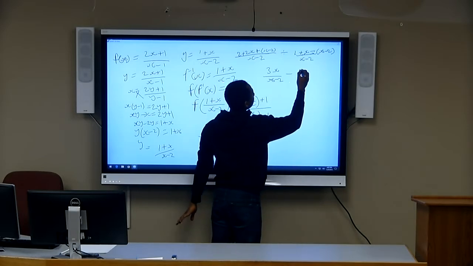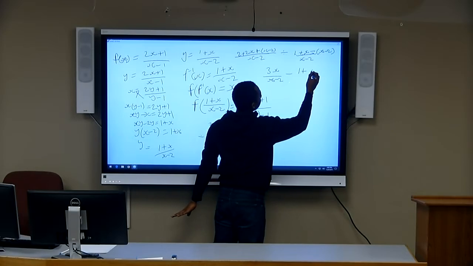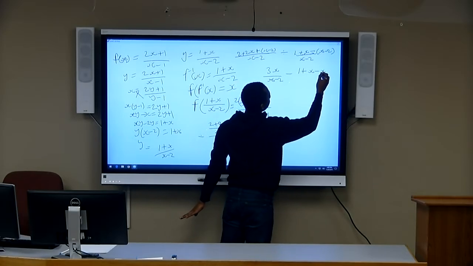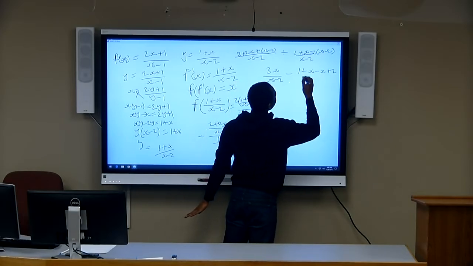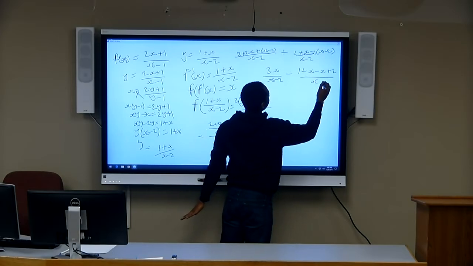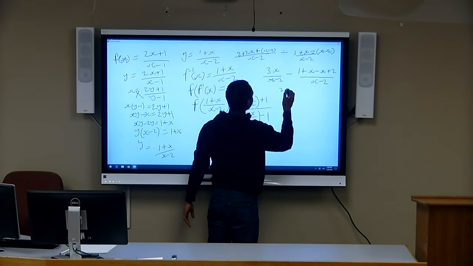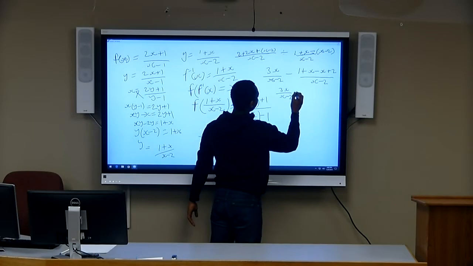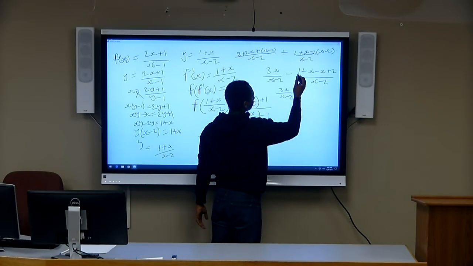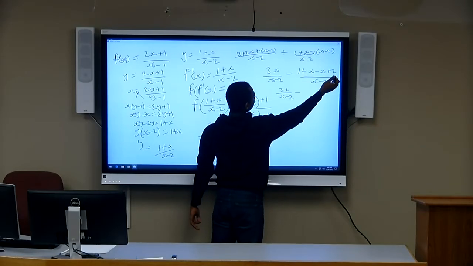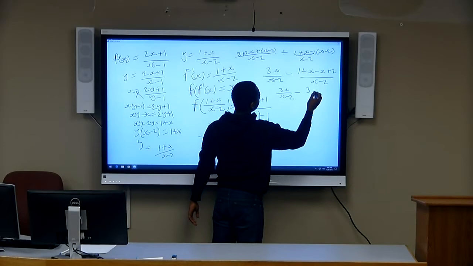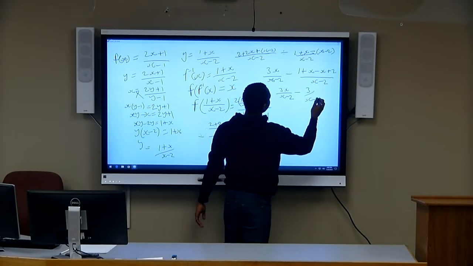Let me just write it out: it's going to be 1 plus x minus x plus 2 over x minus 2. So this is 3x over x minus 2 divided by x minus x, which is 0, and 1 plus 2 is 3, so 3 over x minus 2.